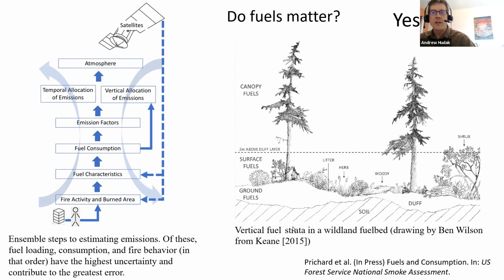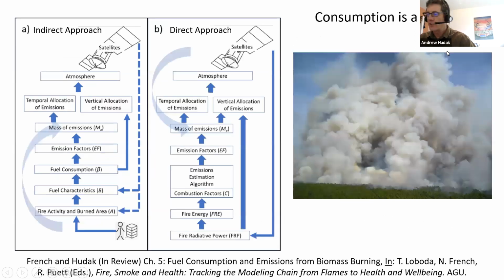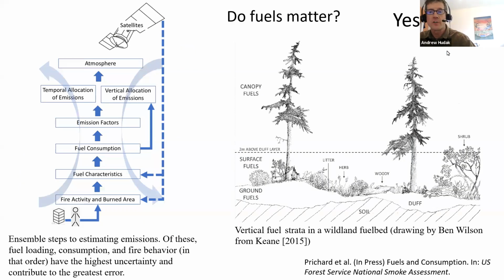What we tried to impress in this chapter I worked on with Nancy French is that fuels are so heterogeneous. They vary at fine scales in space and time, and natural fuel beds are composed of different varying fractions of litter, duff, herbaceous, woody fuel, fine and coarse.